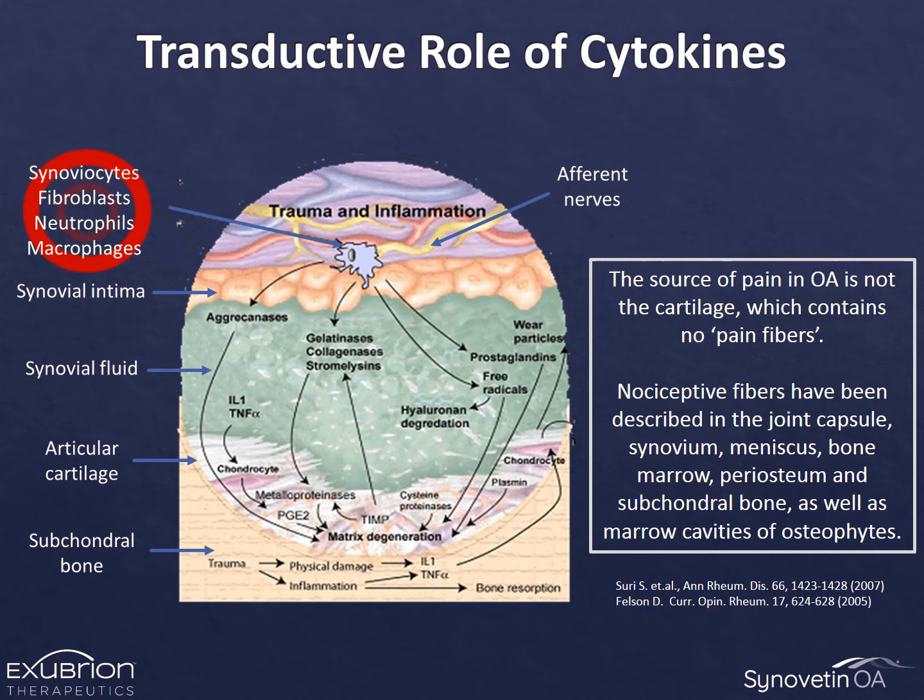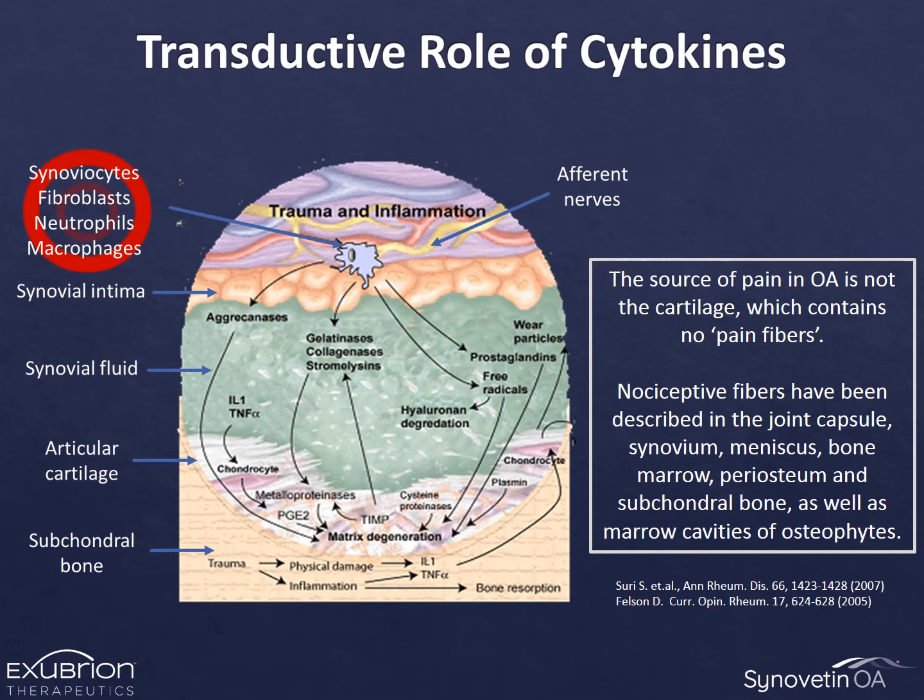It's also at this location that we see afferent nerves, nerve endings that are sensitized in the face of osteoarthritis to be ready and active in the transmission of nociception. The source of pain in OA is not the cartilage, which contains no pain fibers.